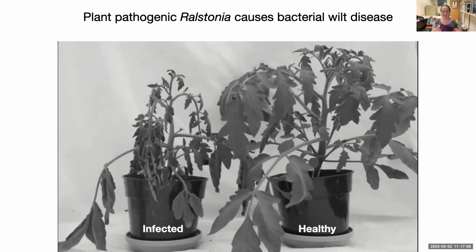On the left here, I'm showing you a plant that's been watered with water that's infested with Ralstonia solanacearum. And on the right, you can see a healthy plant that's full of turgor and very happy.